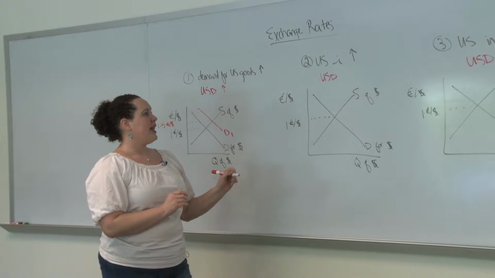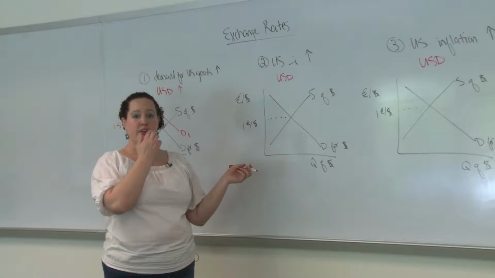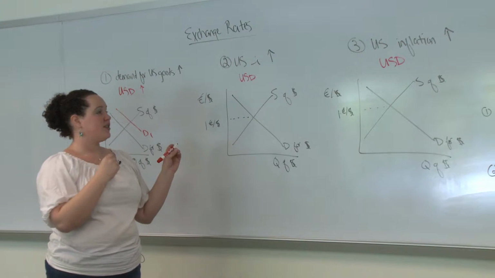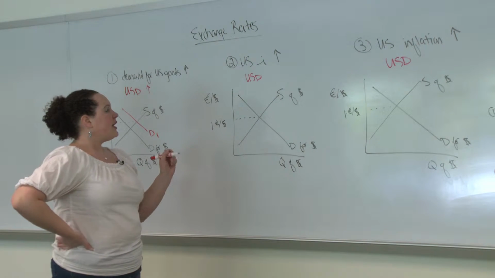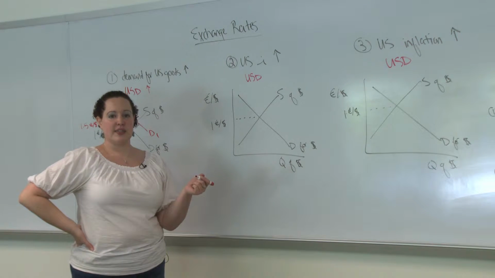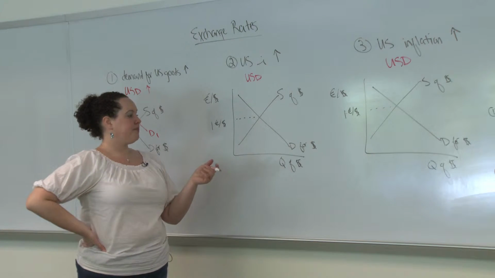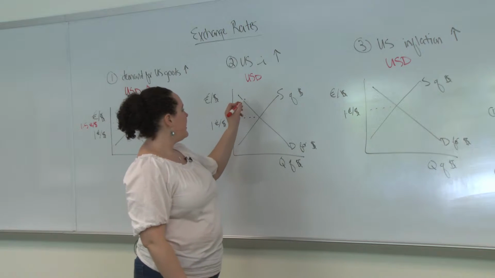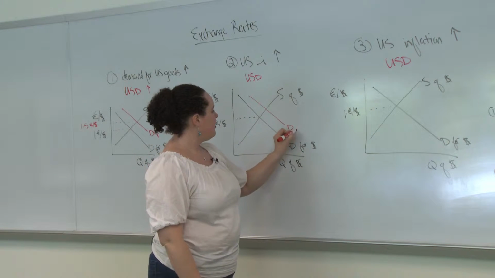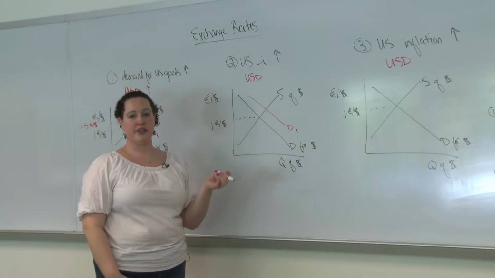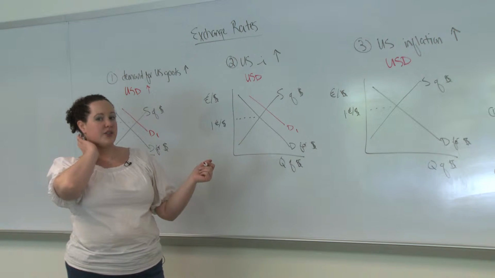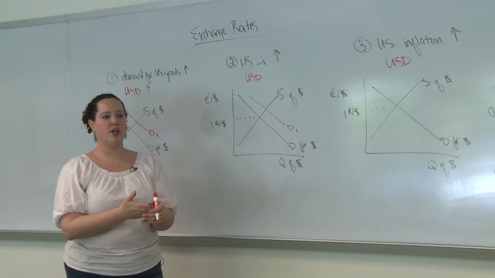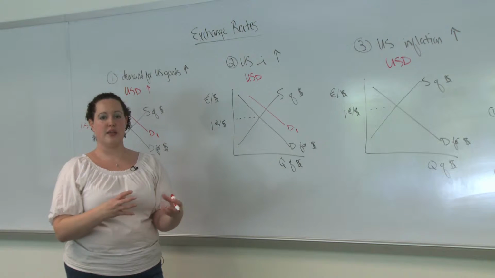The next thing that can have an effect on exchange rates is the US or the European interest rate. So if the US interest rate increases, a couple of things are going to happen. The first thing is going to be that the demand for dollars increases. And the reason for that is that if the US interest rate increases, you now get a better return on all of your investments in the US.